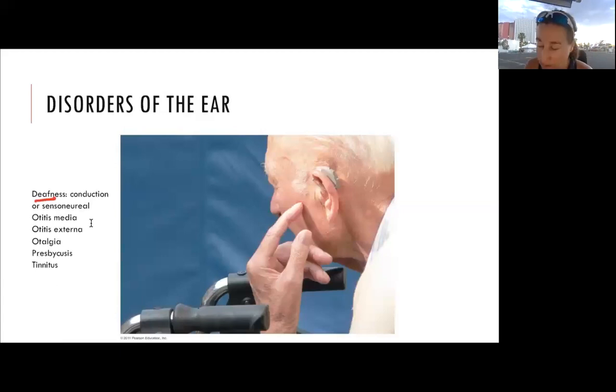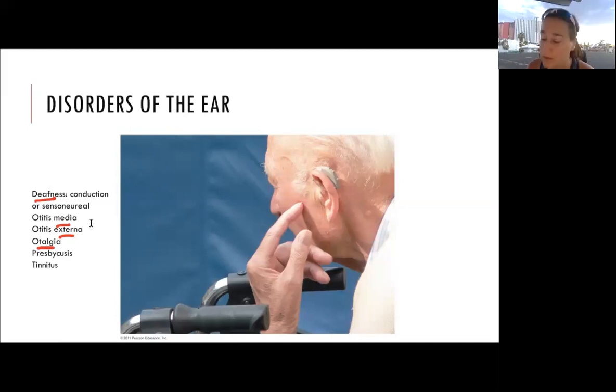If you have otalgia, you have ear pain. Do you have an infection? Do you have otitis media? No, external. Maybe you have lost the ability to hear certain sounds. That is presbycusis, and so my professor I was telling you about, he couldn't hear the sounds of the birds we were trying to identify.